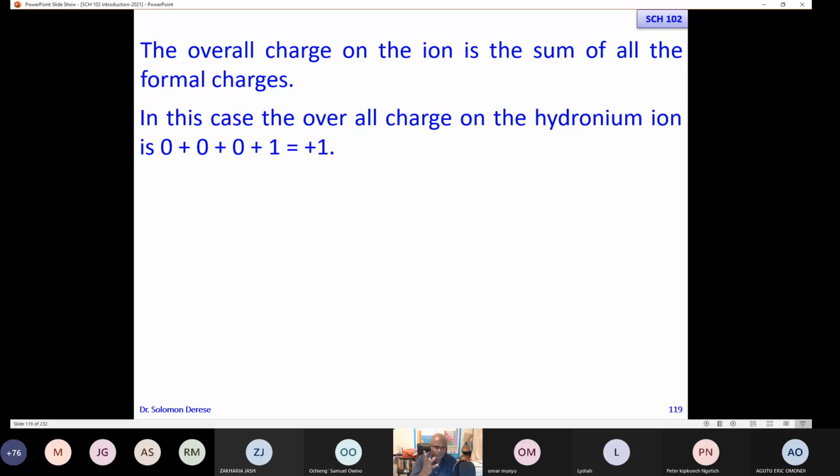Let me just tell you, you can have plus 1 in many different ways. For example, you can have plus 1 because you have minus 2 plus 3, which is basically 3 minus 2, plus 1. You can have plus 1 because you have minus 1 and plus 2. It is possible you can have a plus 1 because one of the elements has a charge of minus 1, and the other element has a charge of plus 2. Minus 1 plus 2 is plus 1.